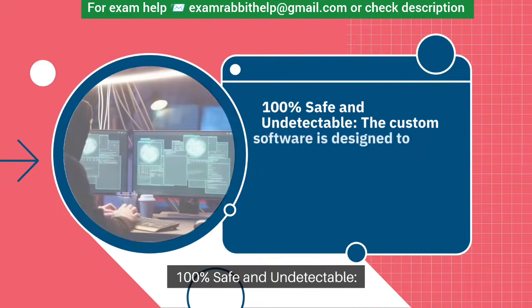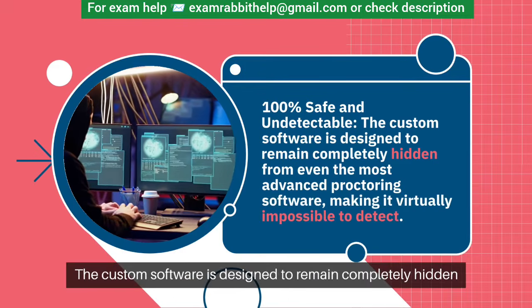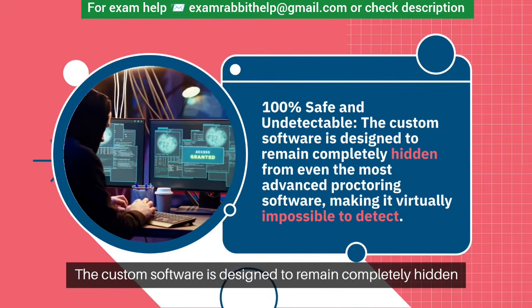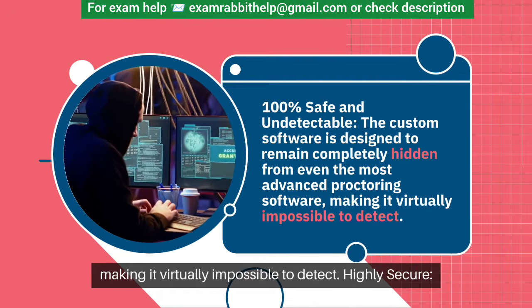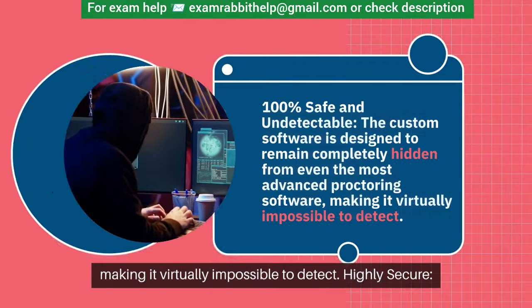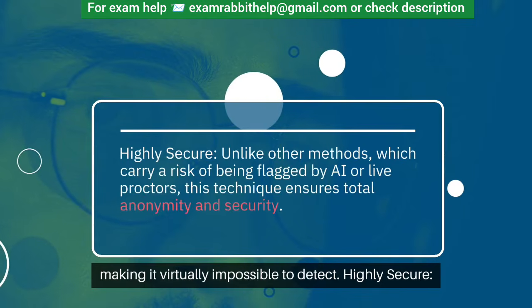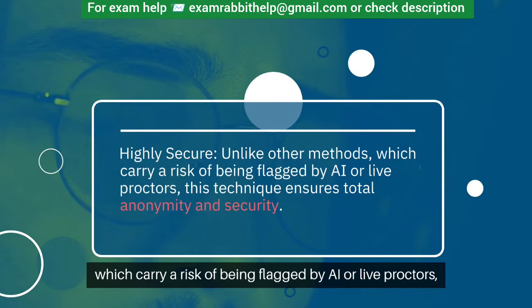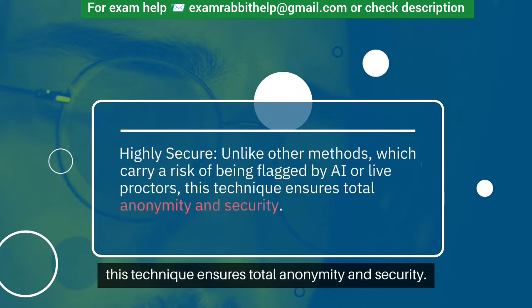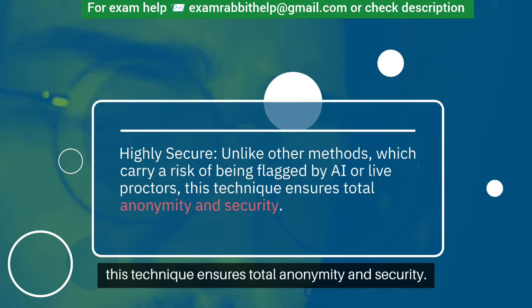100% safe and undetectable. The custom software is designed to remain completely hidden from even the most advanced proctoring software, making it virtually impossible to detect. Highly secure. Unlike other methods, which carry a risk of being flagged by AI or live proctors, this technique ensures total anonymity and security.